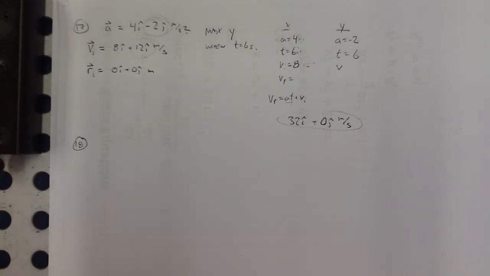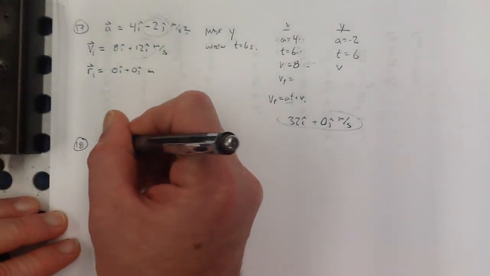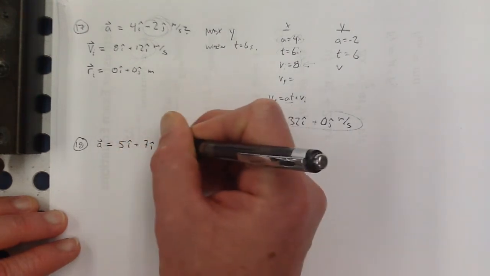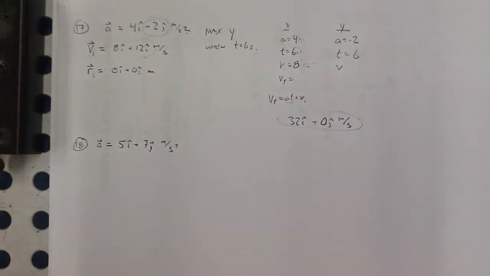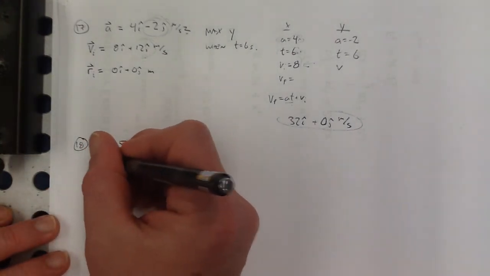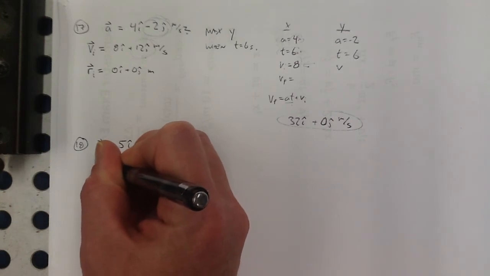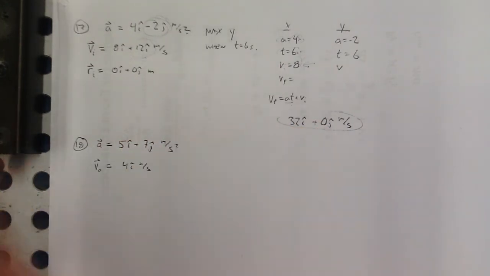Moderate wind accelerates a pebble over a horizontal xy plane with a constant acceleration of 5i plus 7j meters per second squared. At time t equals 0, the velocity is 4 in the i direction, 4i meters per second.